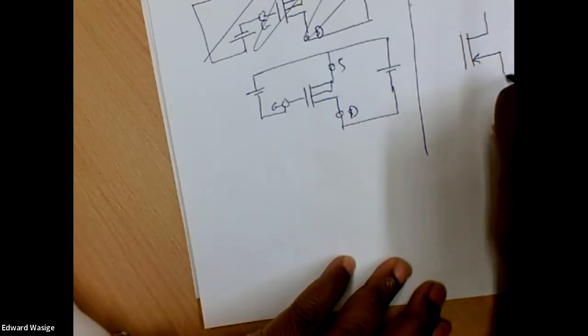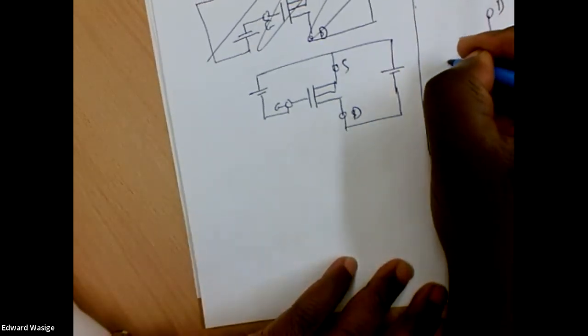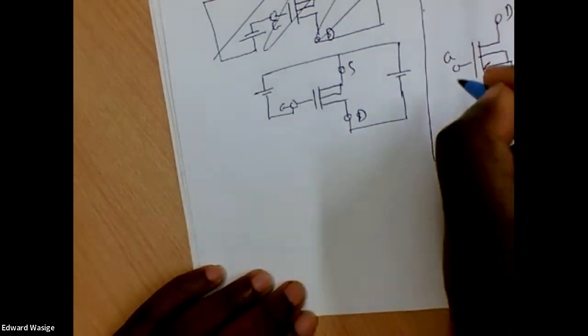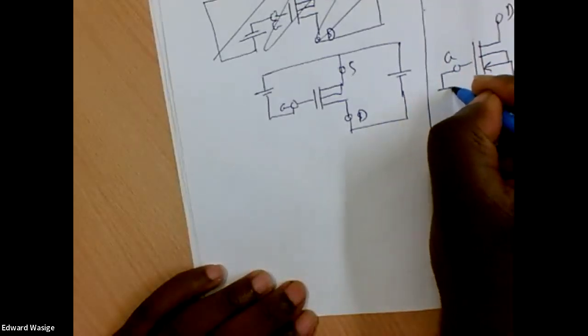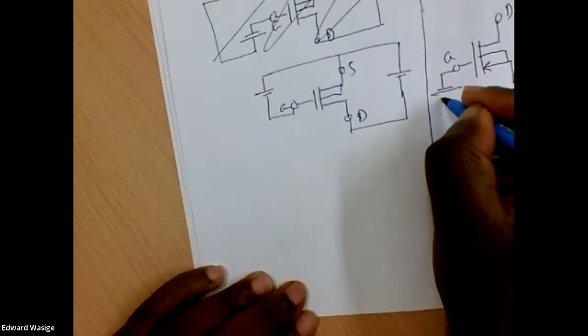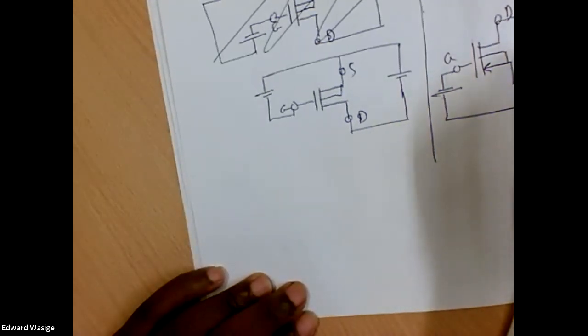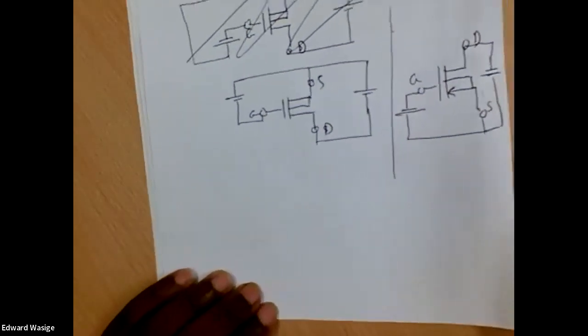So if I made this the source electrode, this the drain electrode, and this the gate electrode, then I need negative potential between the gate and the source electrode, and I need negative potential between the drain and the source electrode.